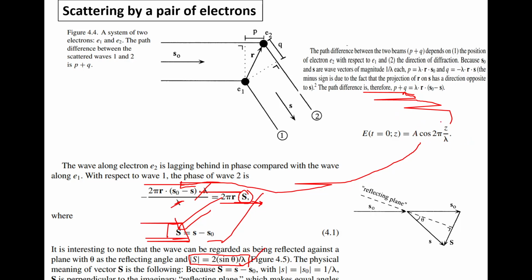So cos theta means cos of a plus b, right? If you solve this cos of a plus b equation, you get 2 cos theta sin theta.